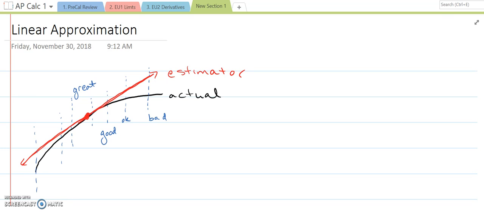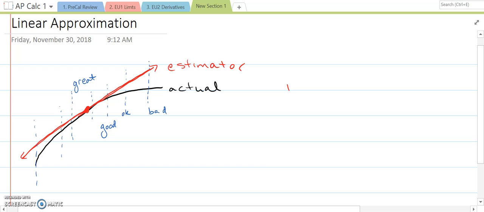A linear approximation has two pieces involved in it. One is that you have to know what that actual point is. This actual point absolutely matters when we're talking about a linear approximation, because you have a point, and then we're using that derivative idea to come up with a slope. AKA, we're creating point slope form.